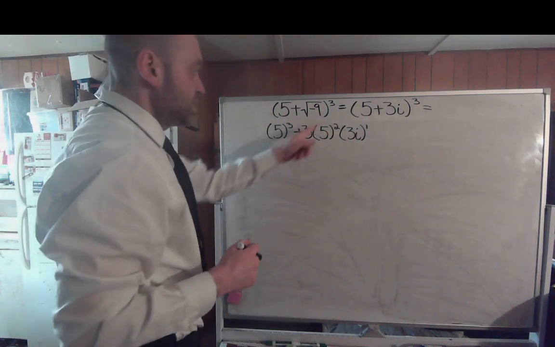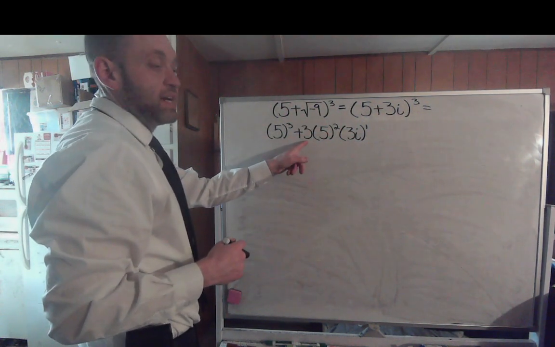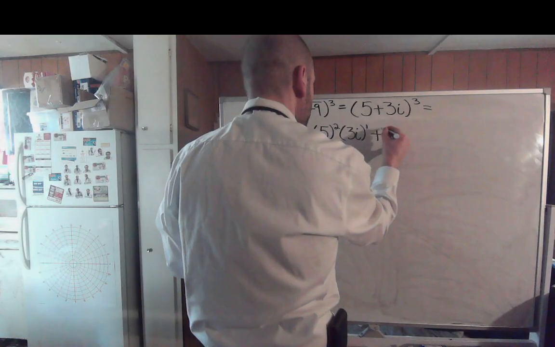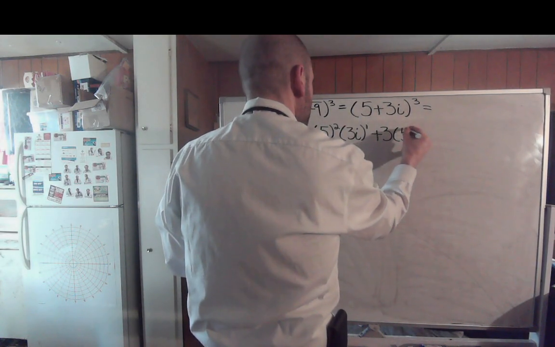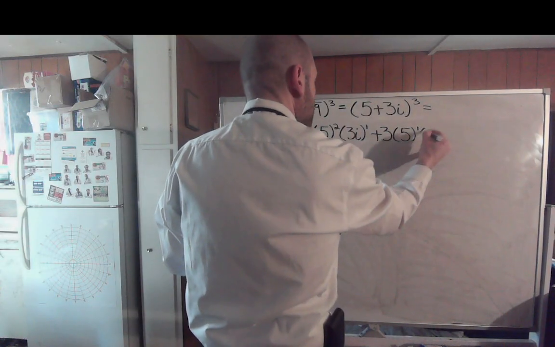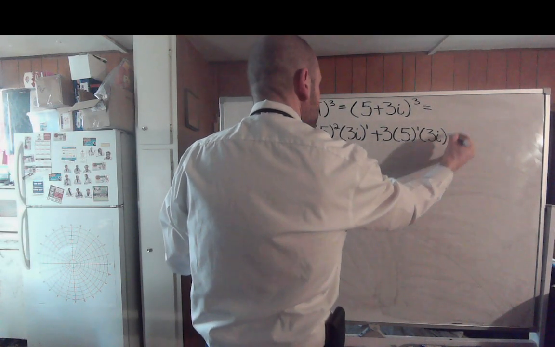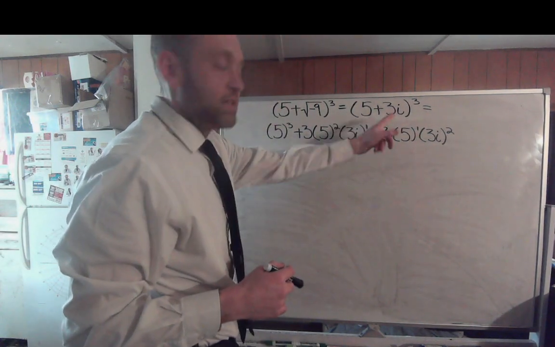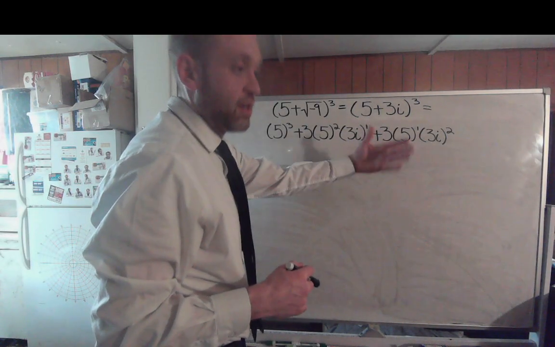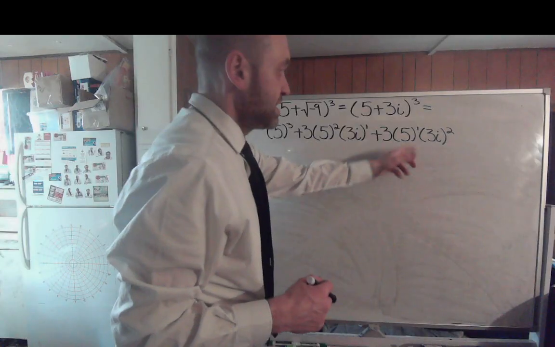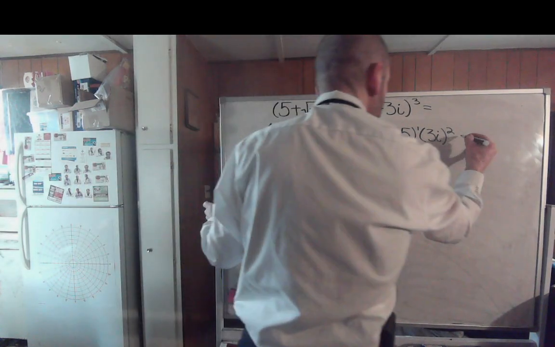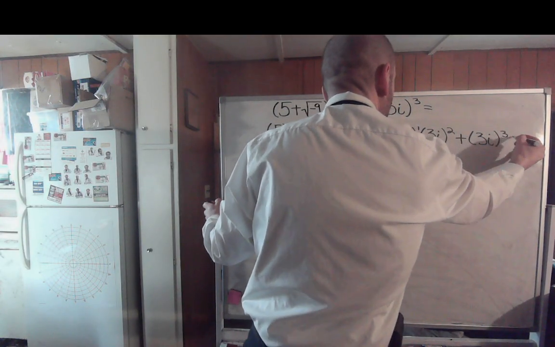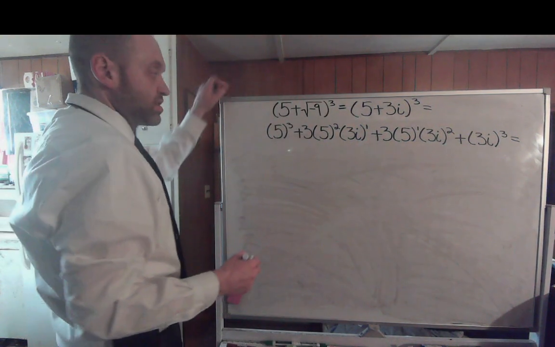Alright, now take 2 times 3, which is 6, divide that by the term you're on, which is 2. 6 divided by 2 is 3. So this will be plus 3 times 5 to the first times 3i raised to the second. Now take that 1 times 3, that's 3, divide by the term you're on, which is 3. 3 divided by 3 is 1. 1 times 5 to the 0 is also 1, so this would just be plus the quantity of 3i raised to the third power.